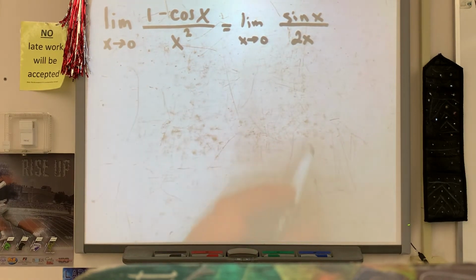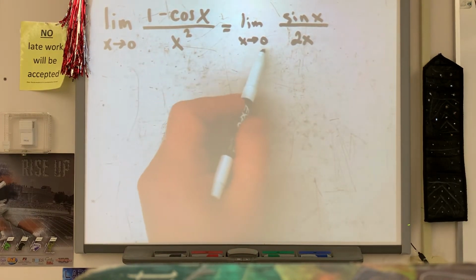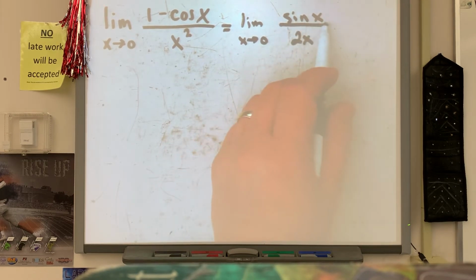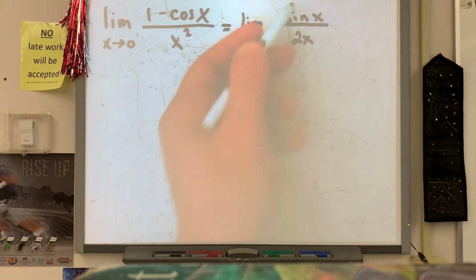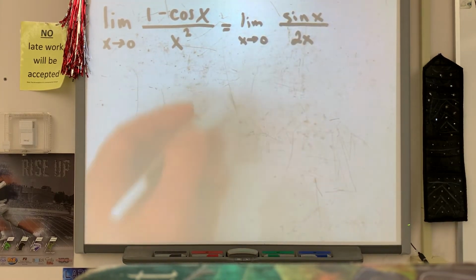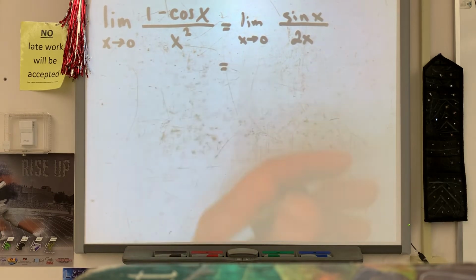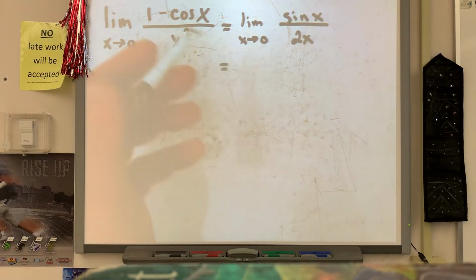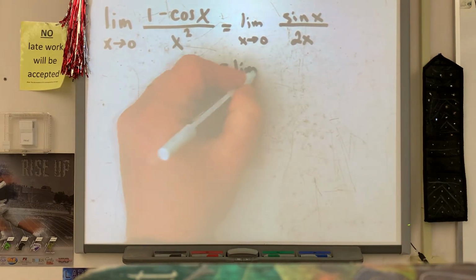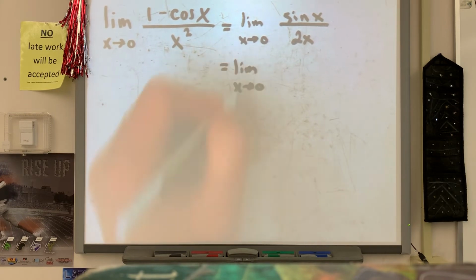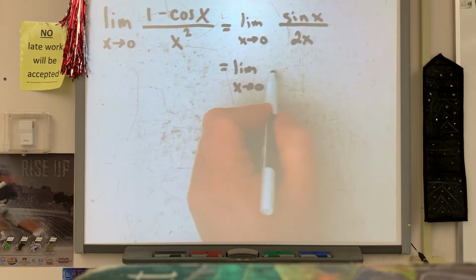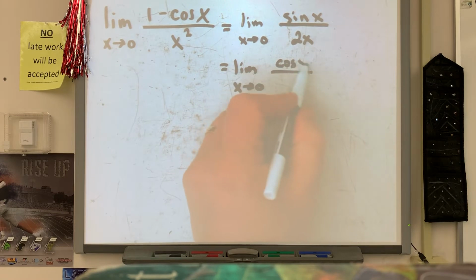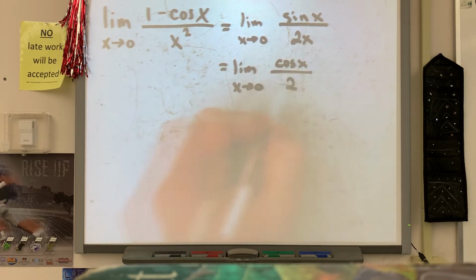Okay, and now let's check. Can I evaluate this by substitution? Well, what's sine at 0? Sine at 0 is 0. 2 times 0 is 0. I still have the indeterminate form 0 divided by 0. Well, once again, this is an opportunity to apply L'Hopital's rule one more time. So this will equal the limit as x approaches 0 of the derivative of sine, cosine, over the derivative of 2x, 2.